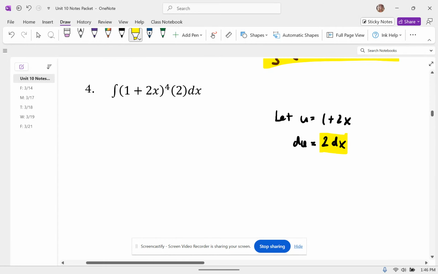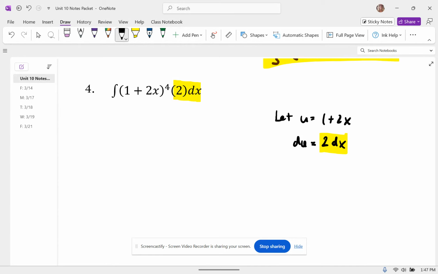So I'm going to look back in the original and ask, is that constant in there? Yes, it is. I don't have to divide. No divide if the constant you need is in there, but if there's an x, you divide. We'll get there when we get there. But just see that there's a 2 dx. I'm good. Everyone's spoken for as is right now, okay?